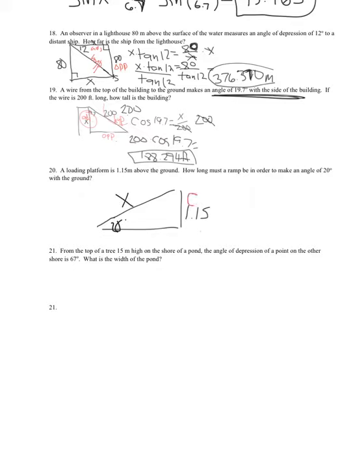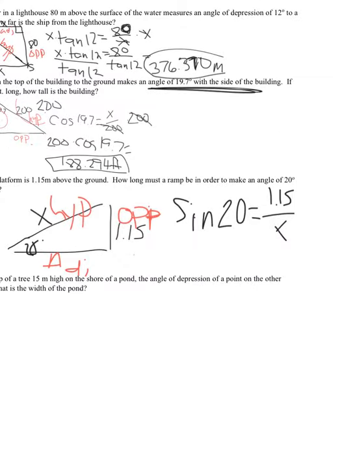So opposite, hypotenuse, adjacent. You see opposite and hypotenuse. So sine 20 equals 1.15 over x. Two steps: times x, and then divide by sine 20.